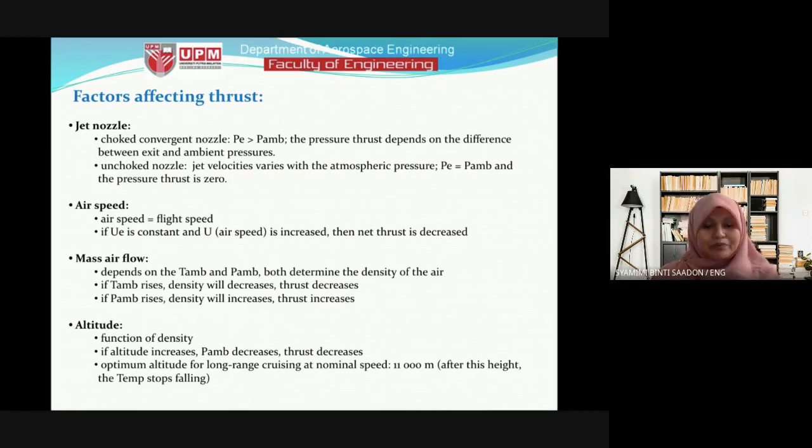If ambient temperature rises, density will decrease and thrust will decrease. How do we see this? Imagine you have water. If the temperature of the water increases, it becomes hot water.